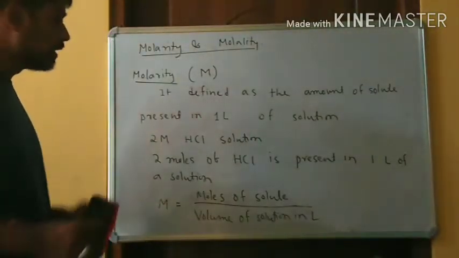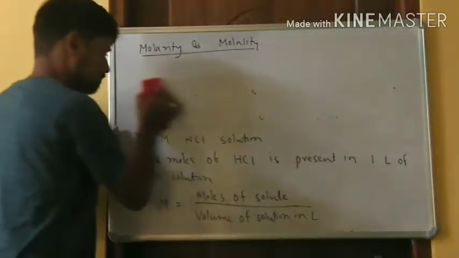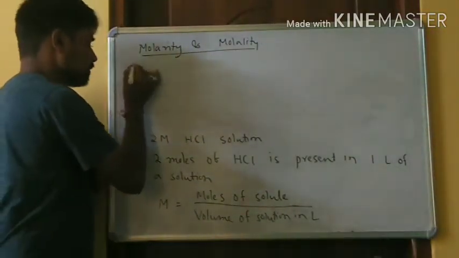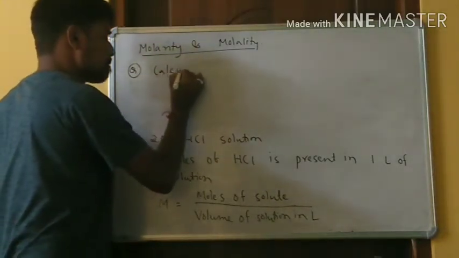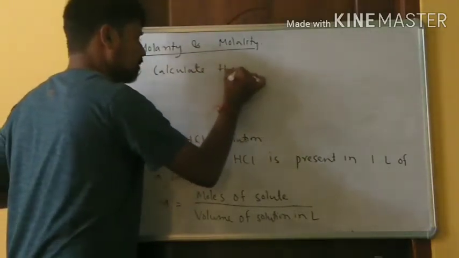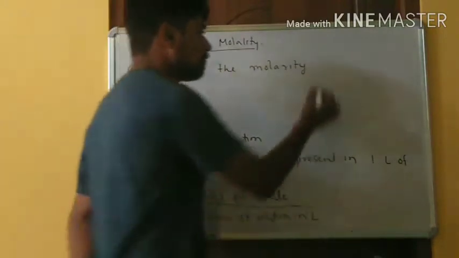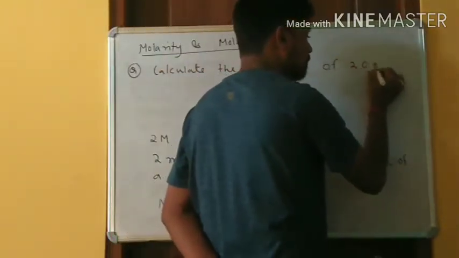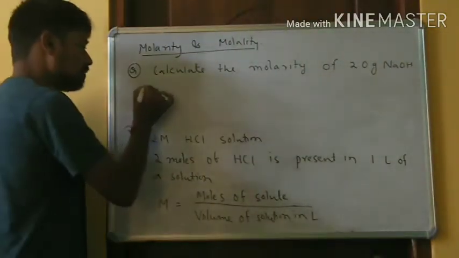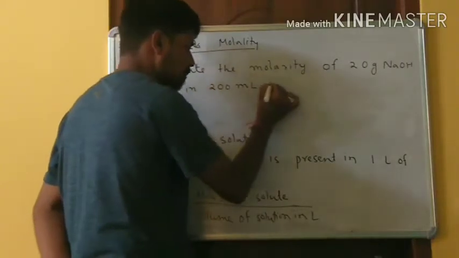Let us take an example. Calculate the molarity of 20 gram NaOH present in 200 ml of solution.